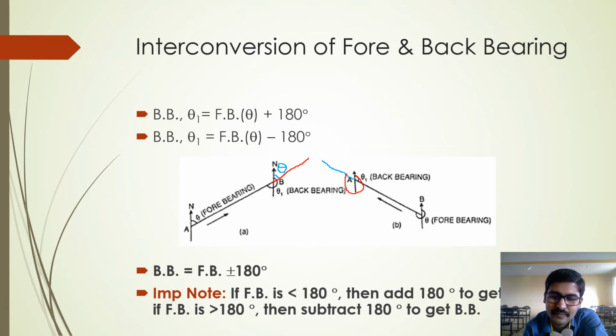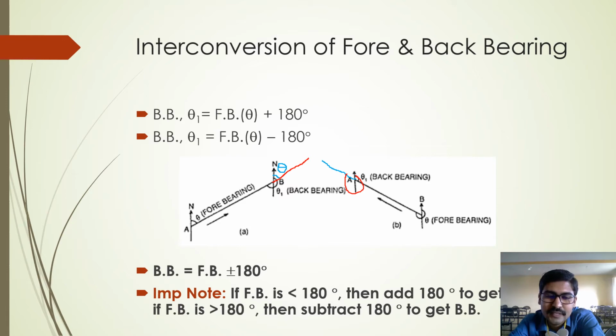Just look at that. If the fore bearing is less than 180 degrees, then add 180 degrees to get the back bearing, right? So if the fore bearing of the line is less than 180 degrees, add 180 degrees to that fore bearing to get the back bearing of the line.